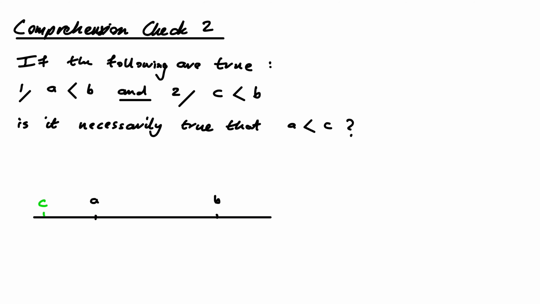So for specific examples, I could just draw anything really. We could have this is equal to 3. We could have this is equal to 2. And I could have this is equal to 1. Right, that's going to mess things up. So the conclusion is not necessarily true.